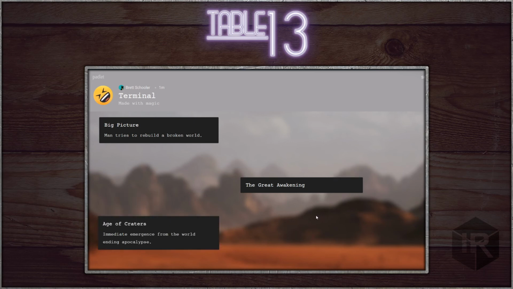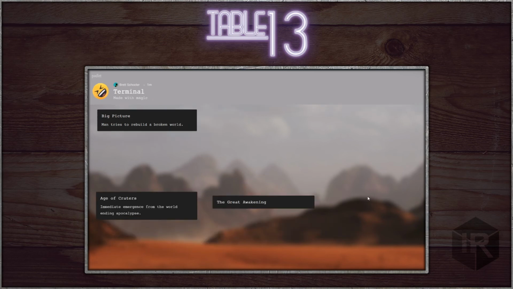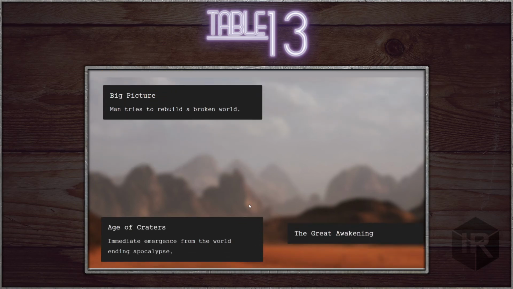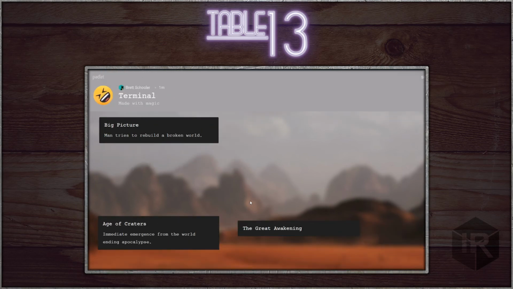All right, so the next thing that we do, we have our beginning, we have our end. We're starting with the Age of Craters, which sounds like basically man scrambling to get their shit together, and then the end being some kind of positive or possibly very negative outcome as something awakens. The next thing we do is we make a palette.